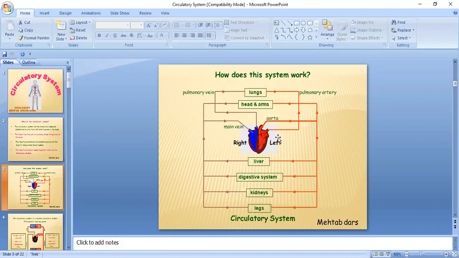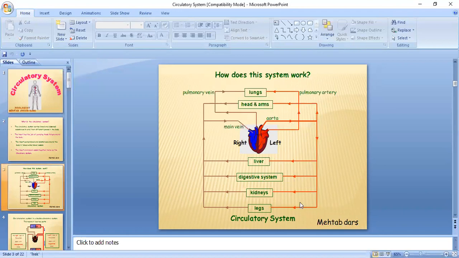This oxygenated blood moves from the upper chamber to the lower chamber and then to the aorta, the large artery or vessel which transports the oxygenated blood to different parts of the body like the liver, digestive system, kidney and legs.